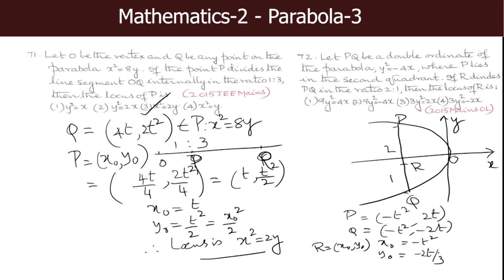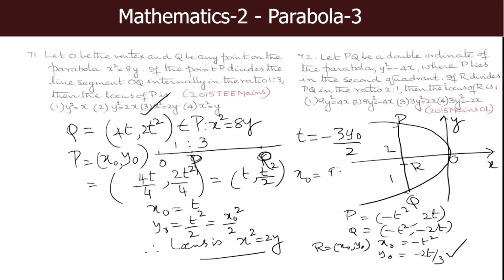So, eliminating t from this, you get t equal to minus 3y0 by 2 from the second equation, and x0 equal to minus t square.